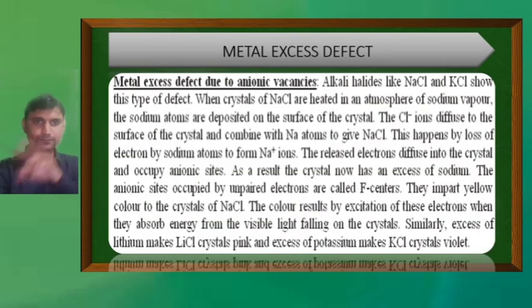Now see, metal excess defect is due to anionic vacancies. For example, NaCl, KCl. Suppose we take NaCl.